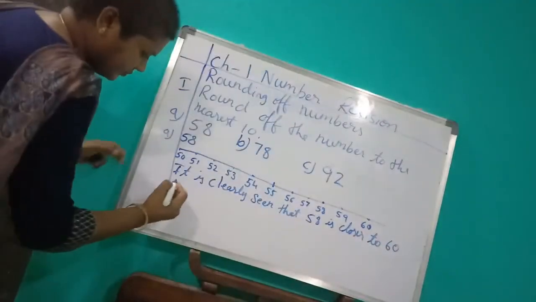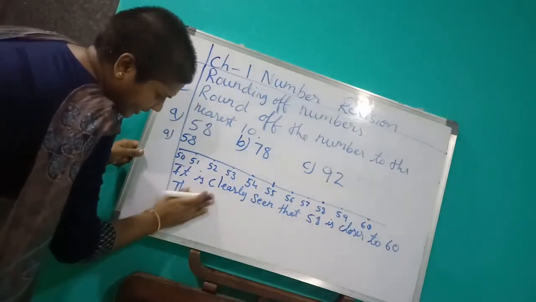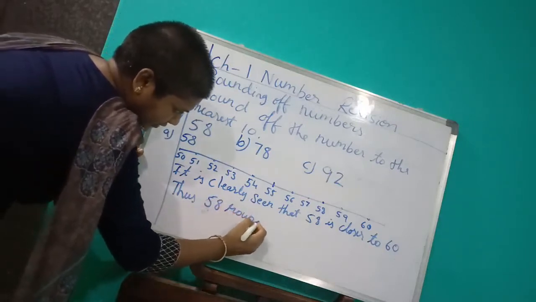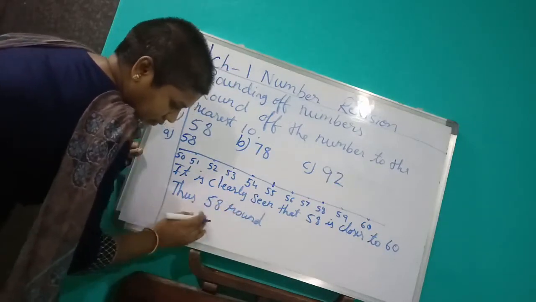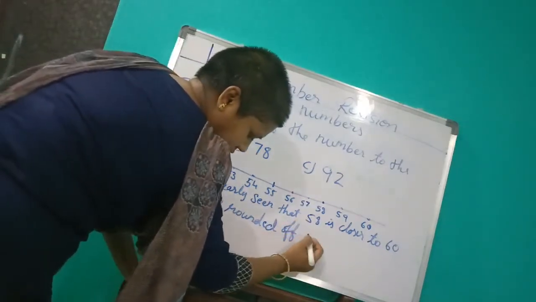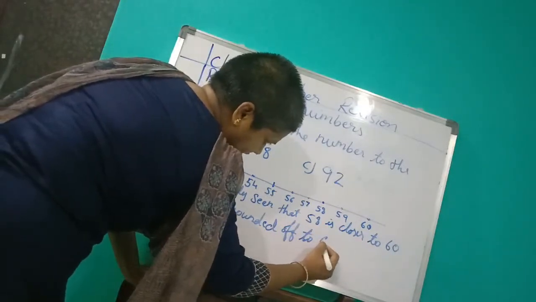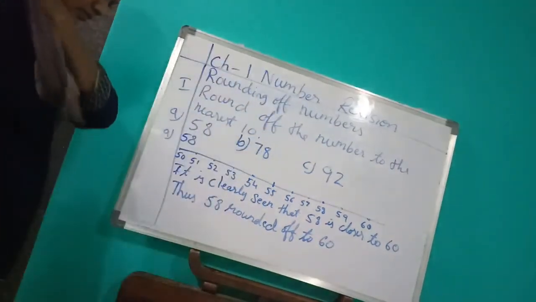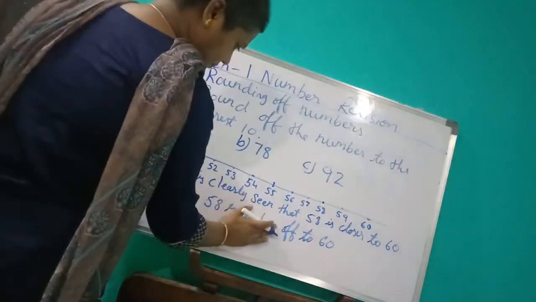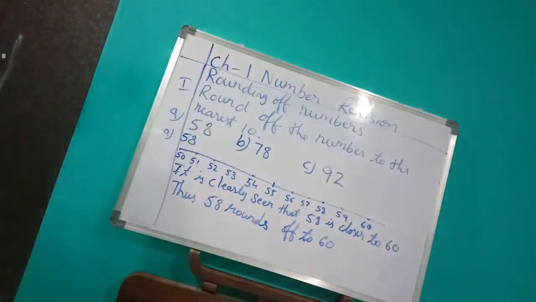Understood, children? Thus, 58 rounds off to 60. Understood?